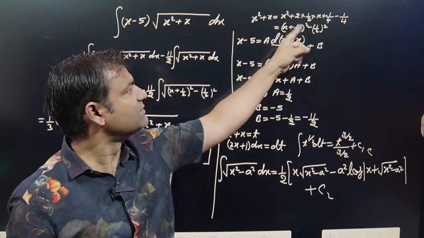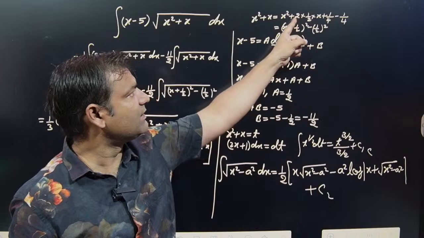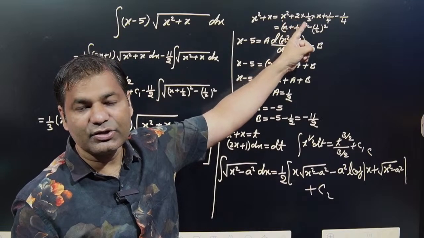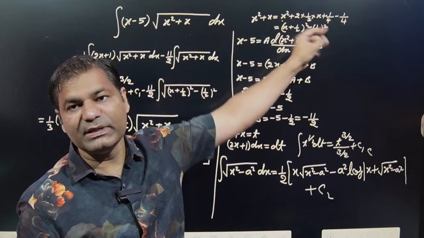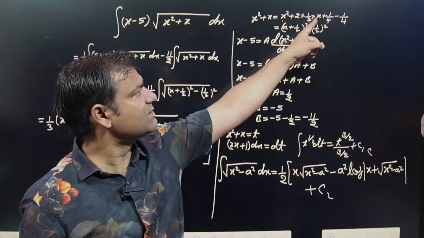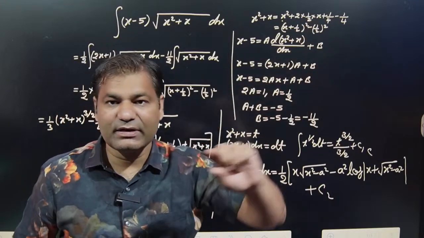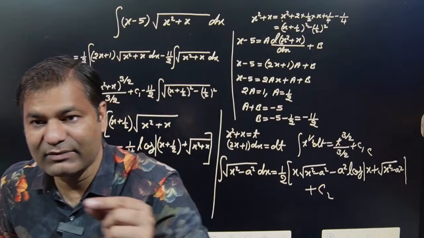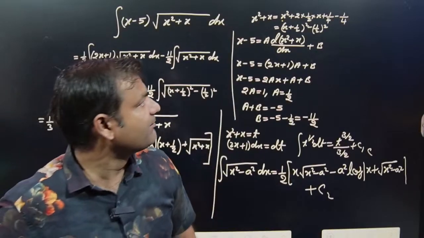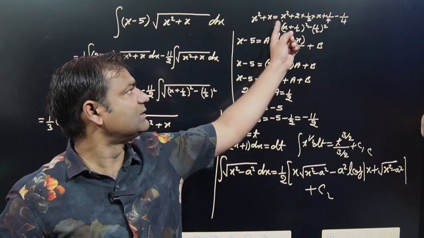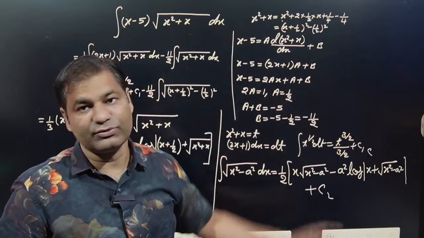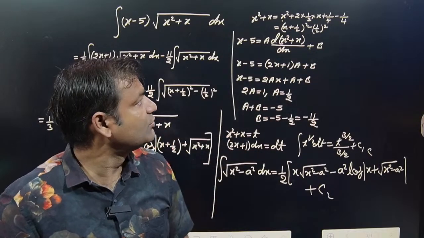So this is written, and if a is x, then b is 1 by 2. So 1 by 2 to the whole square is added and 1 by 2 to the whole square is subtracted. Then we get x plus 1 by 2 to the whole square minus 1 by 2 to the whole square.